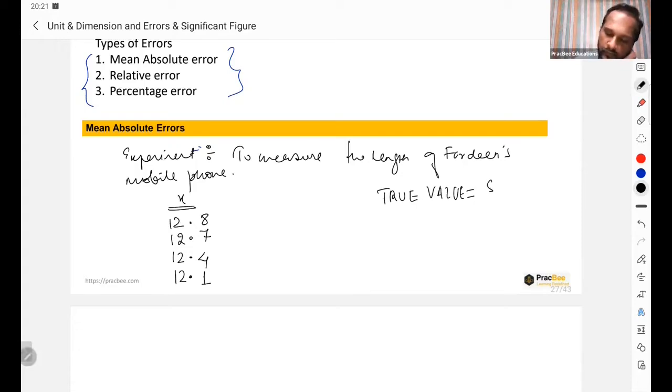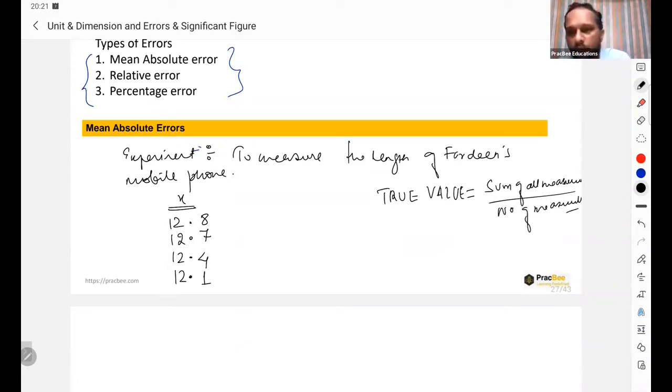True value is the sum of all measurements divided by the number of measurements. So if you measure your mobile 10,000 times and add all the values and divide by 10,000, you will actually get the actual length of your mobile phone.